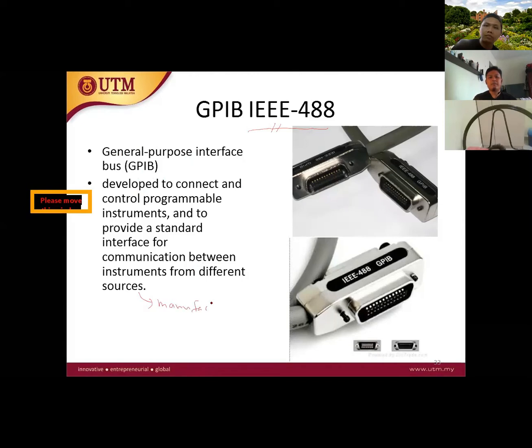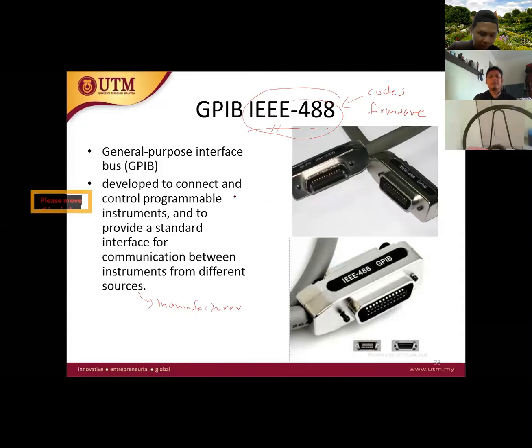So this protocol, how to use the protocol? The codes or the firmware are publicly available.